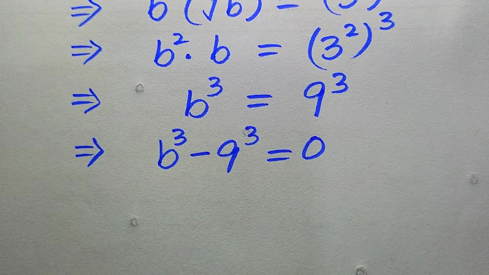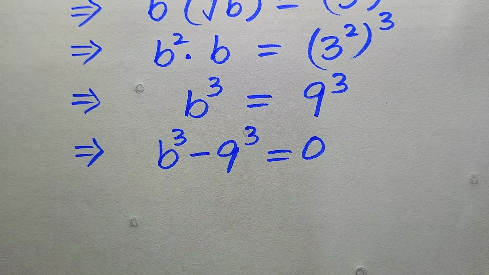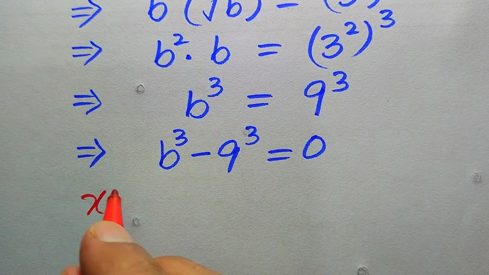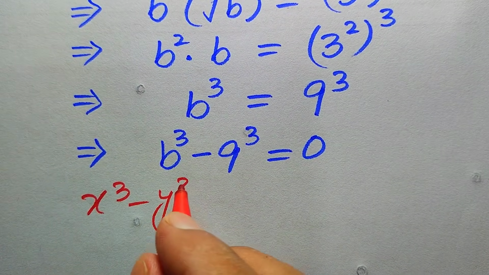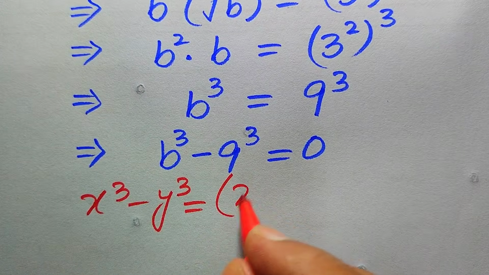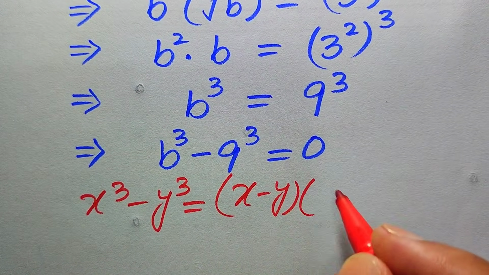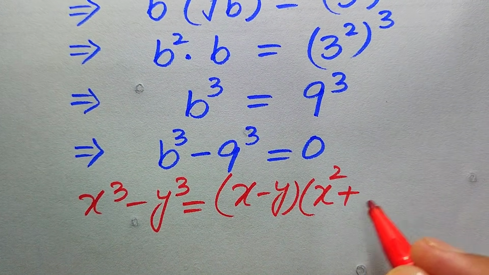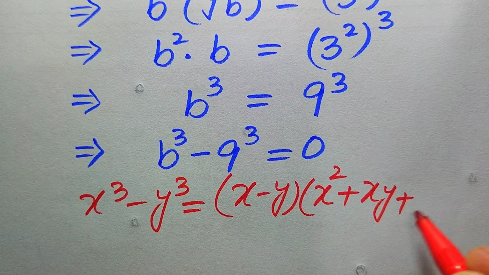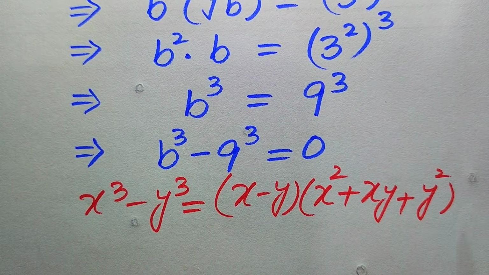And now further in the next step we need more simplifications here, and we use the nice cubic formula. You know that x cubed minus y cubed is equal to x minus y times x square plus xy plus y square.